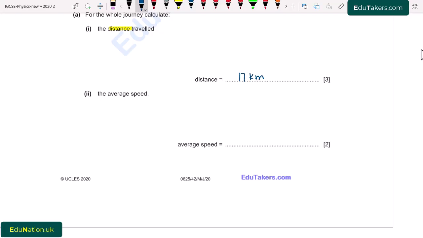Part 2. The average speed. We have to calculate the average speed, and we know that average speed is equal to total distance divided by total time.